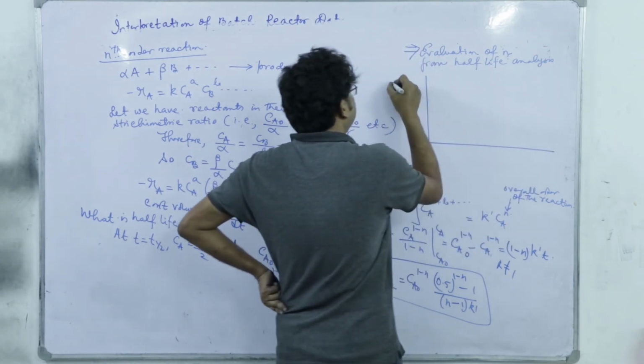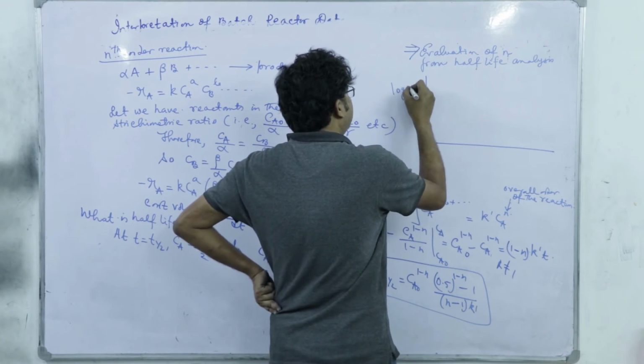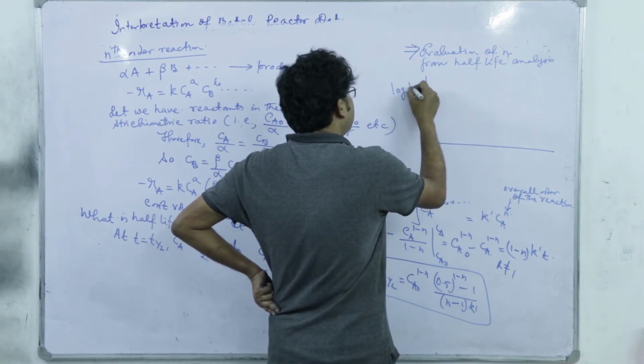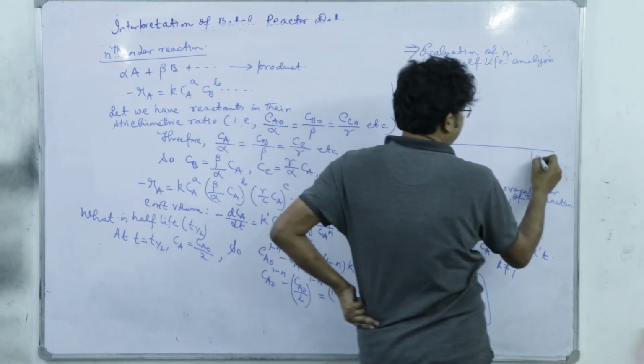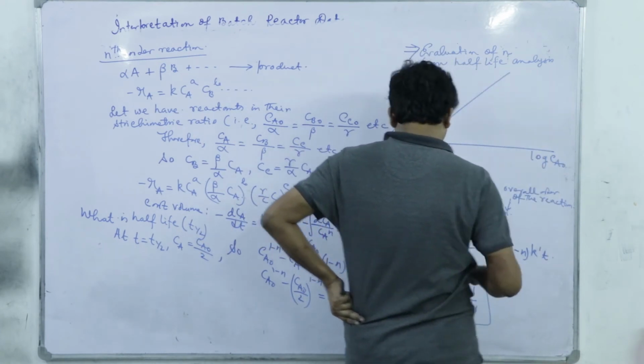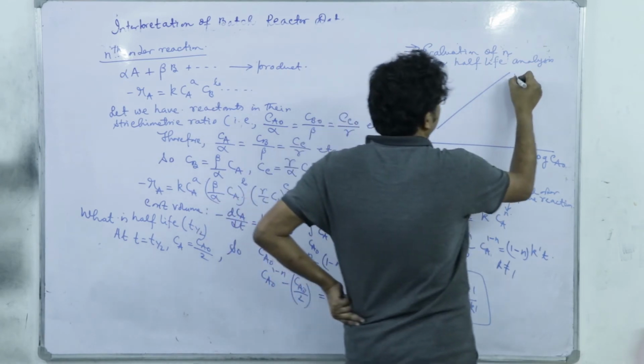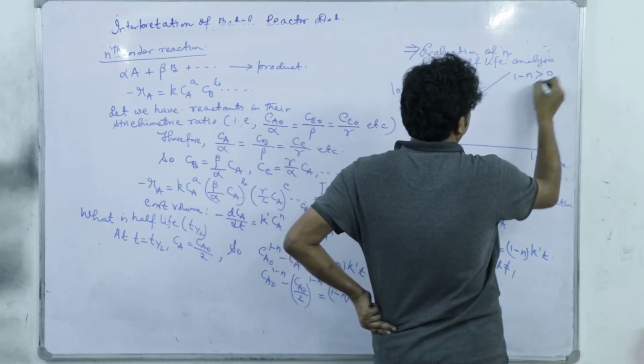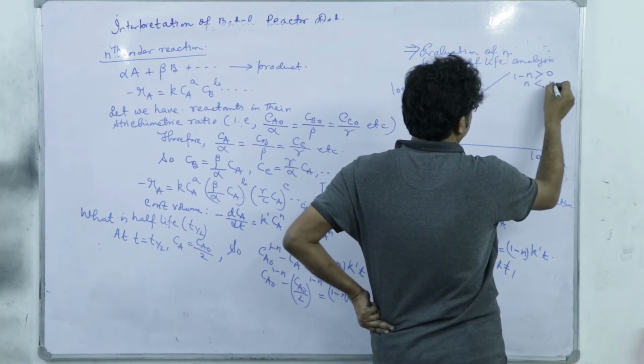You plot log of half-life versus log of Ca naught, and if you get a positive slope, then 1 minus n is greater than 0, so n is less than 1.